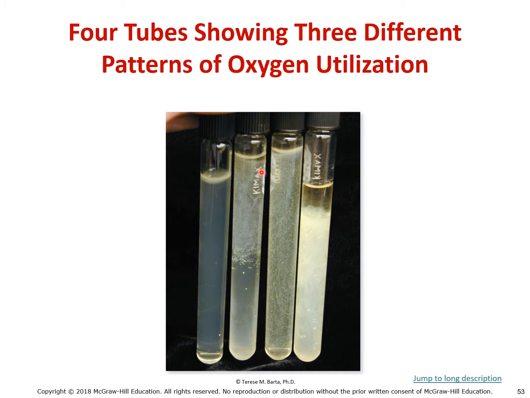This is typically thought of as being something like a microaerophile. Notice in this tube, we see growth from top to bottom. There are really 2 possibilities for this. This could be a facultative anaerobe or an aerotolerant anaerobe. But here on the far right, notice we just really have growth at the bottom of the test tube. This illustrates again an anaerobe.